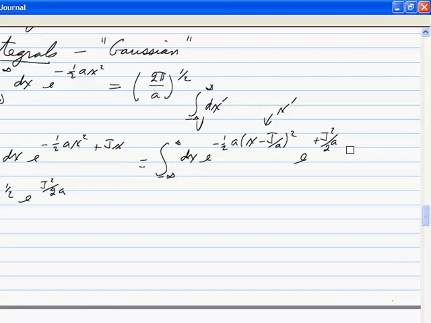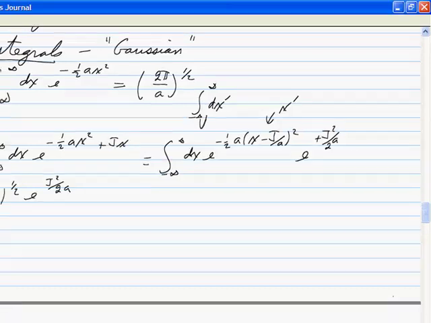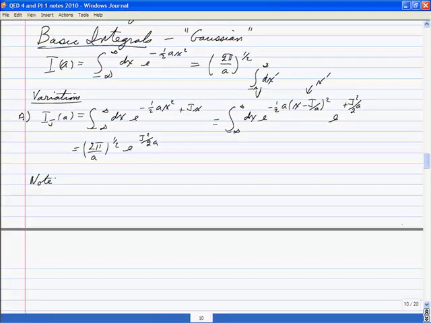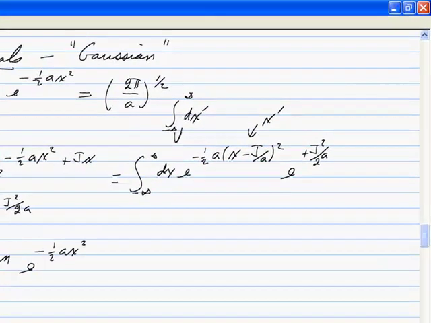Okay, so that's right. So here's how we're going to use this guy once we make it a little bit fancier. If I want the integral from minus infinity to infinity dx of x to the n e to the minus 1/2 ax squared, well, that's equal to the nth derivative with respect to j of I sub j of a, and then you set j equal to 0.